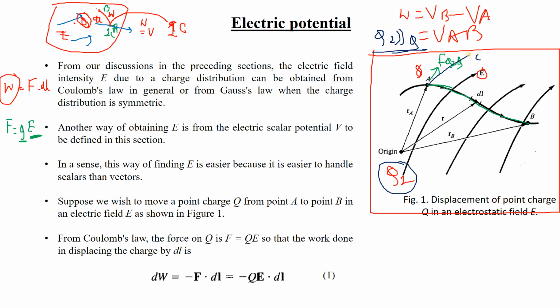So Q2 is in the driving seat and will push Q to this point. In that case, the force is Q into E and the work done will be positive. Suppose this is X.